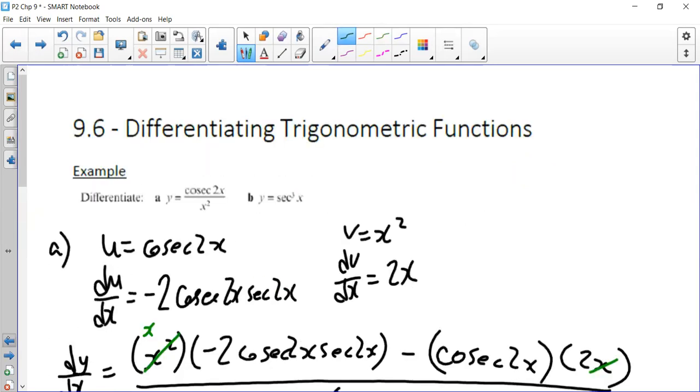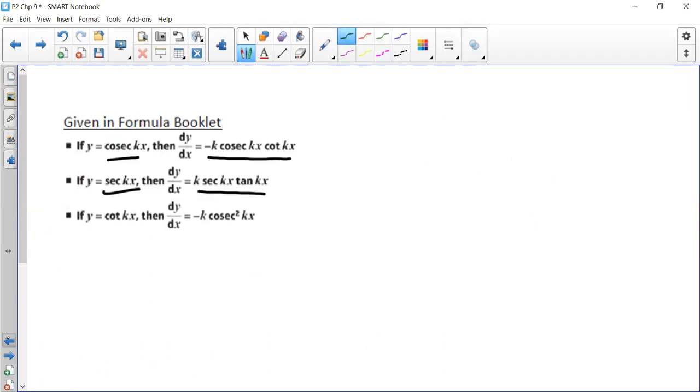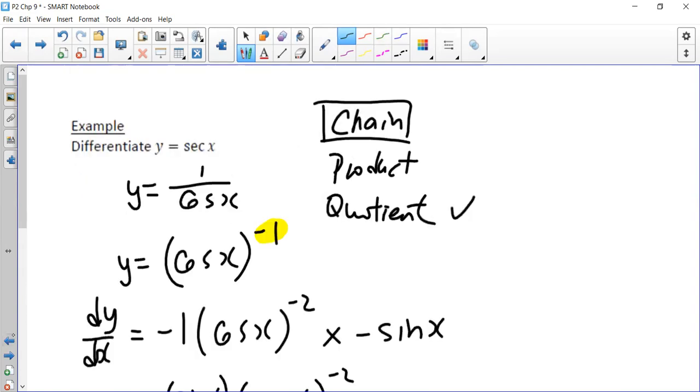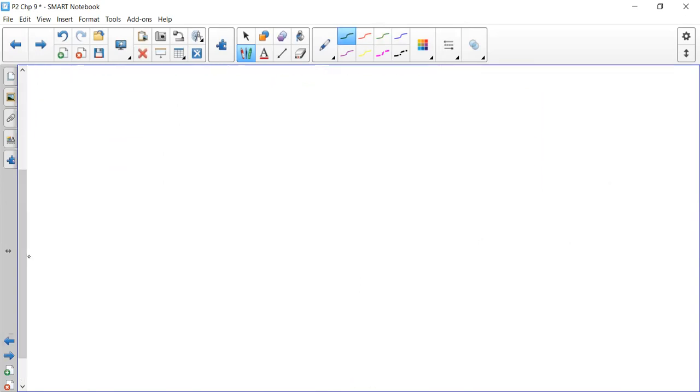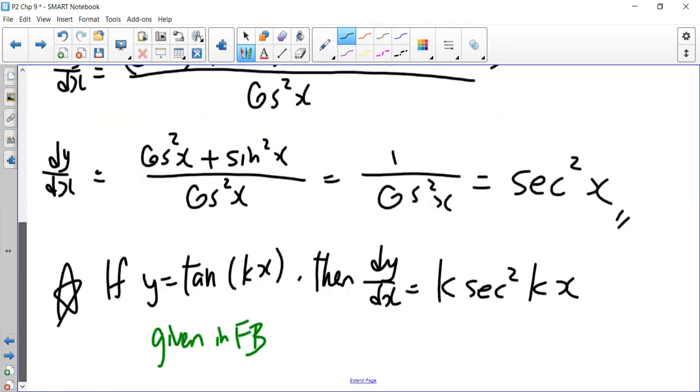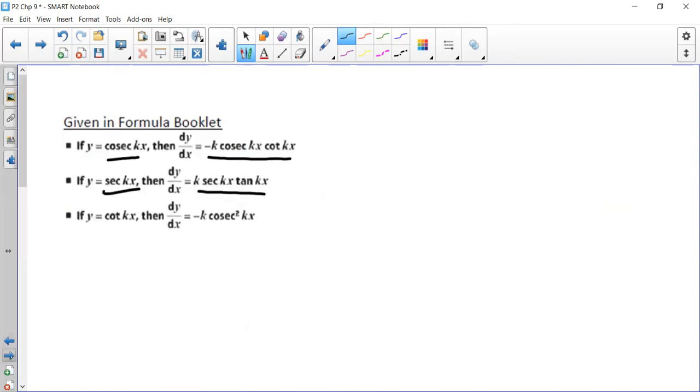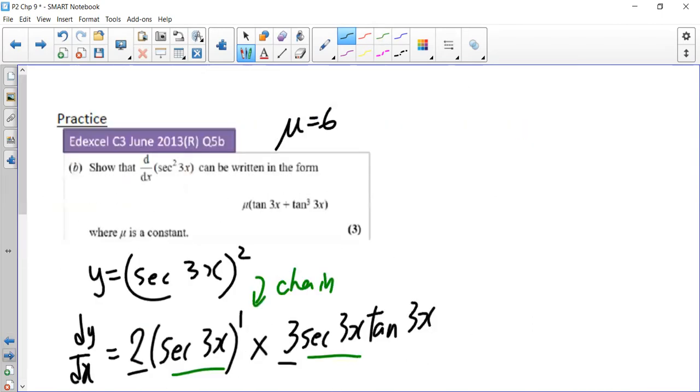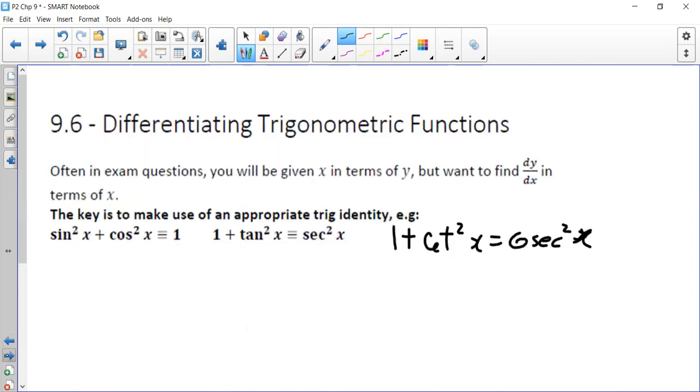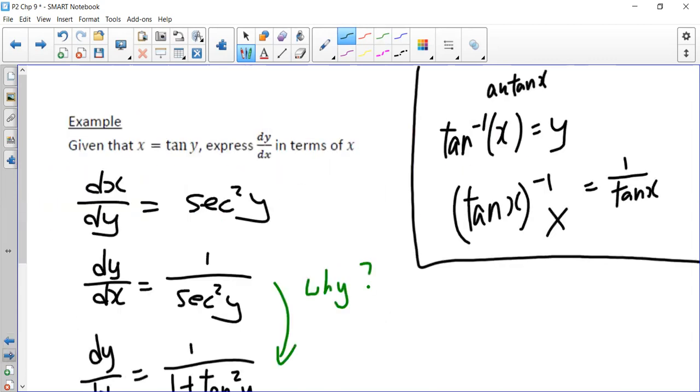One is using the new derivatives from the formula booklet for cos, cosec, sec and cot, and also the one for tan y. The second thing you've learned today is how to use dx by dy and use identities backwards. And that's the end of the lesson.